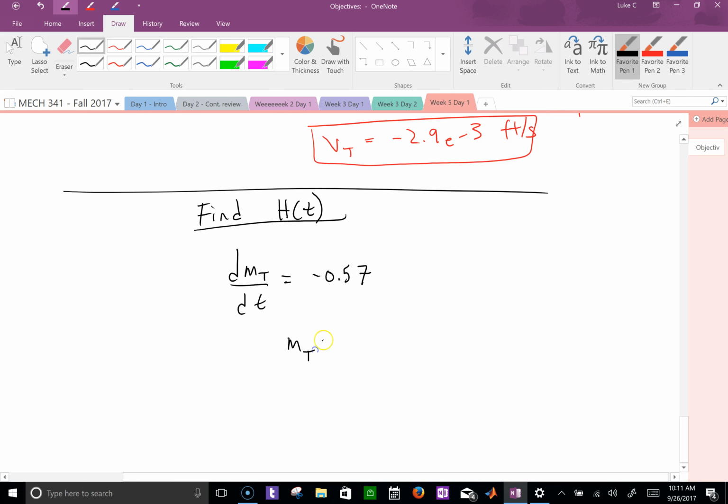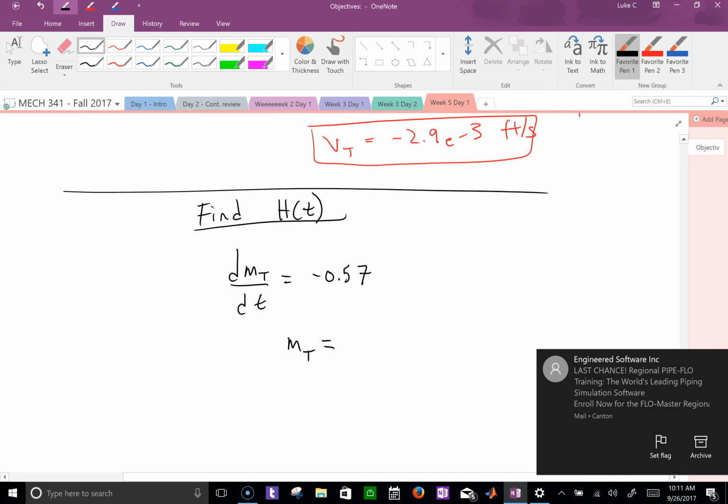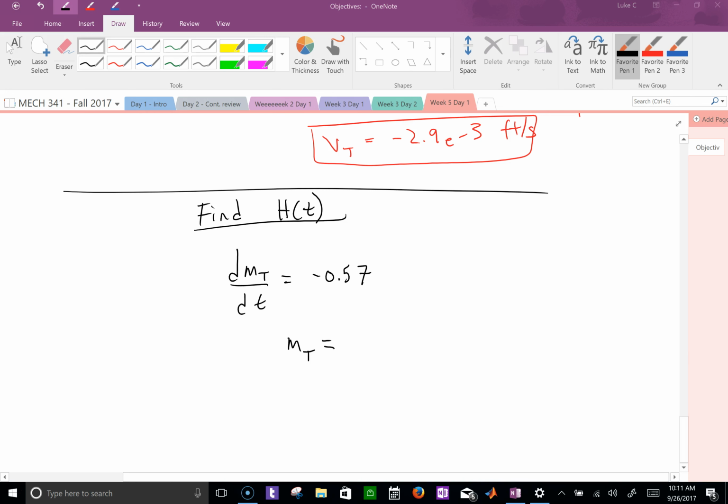Can someone tell me, how would you find the mass of the water in the tank? You know the height. You need the area.